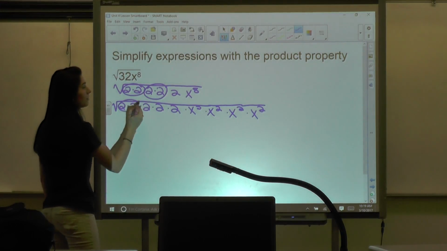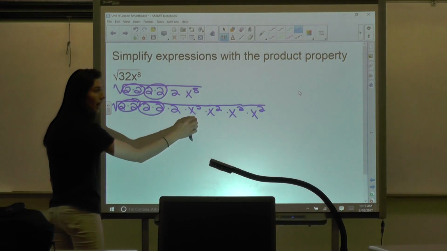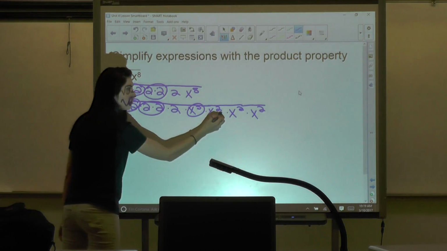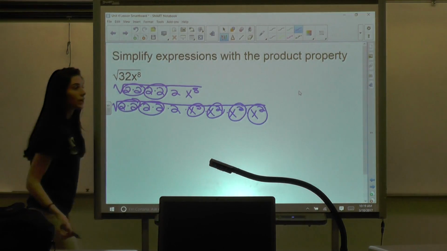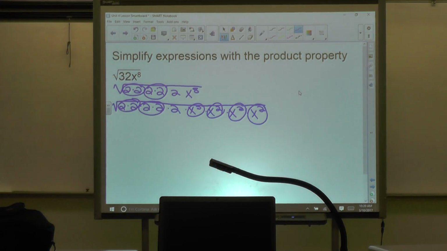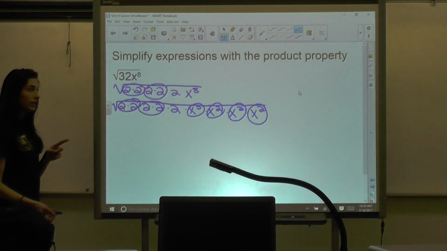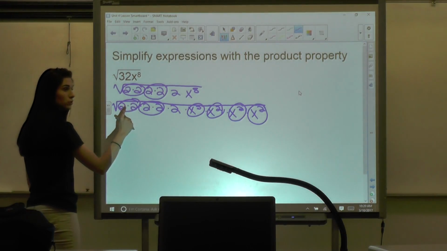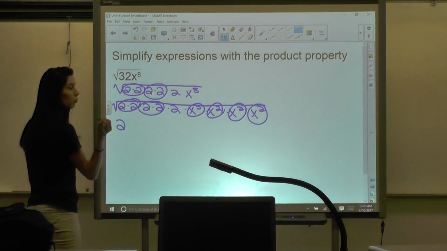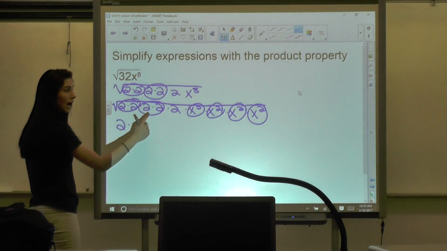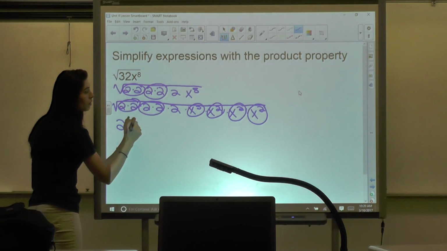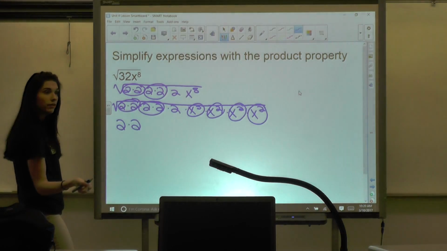So where you have 2 of something, we're going to bring it out. I have 2 2's right here, 2 2's right here, 2 2's right here, and 2 2's right here. For every 2, you can bring out 1. So I have 2 2's, and we will bring out 1. This is multiplying. I have 2 2's, so I'm going to bring out 1.